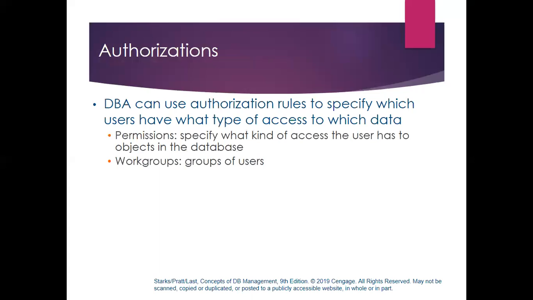A user's permissions specify what kinds of access the user has to objects in the database. Permissions can be assigned to individual users or to groups of users. Work groups are groups of users.